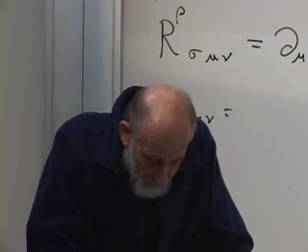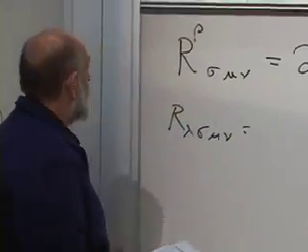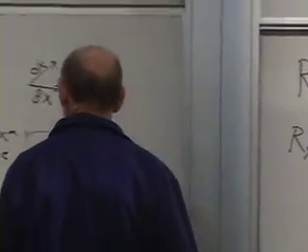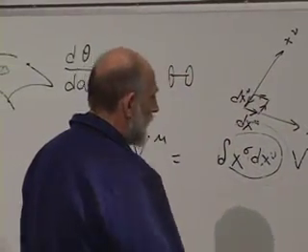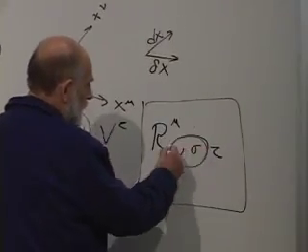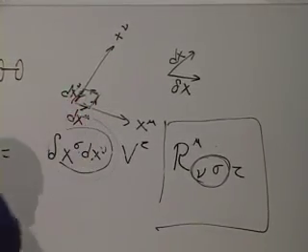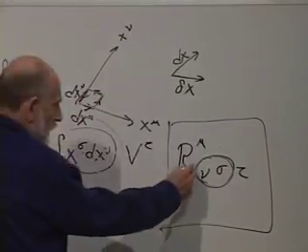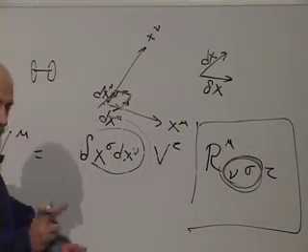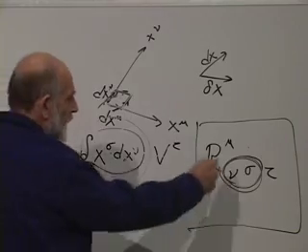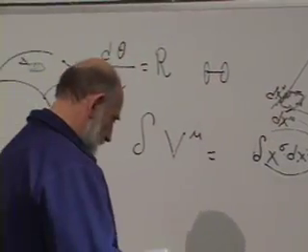Okay, so let me tell you what the symmetries are. First of all, let's remember it's the two middle indices that have to do with the plane that you go around in. The two middle indices parameterize the plane that you move around in. Let me just check that I have this right.